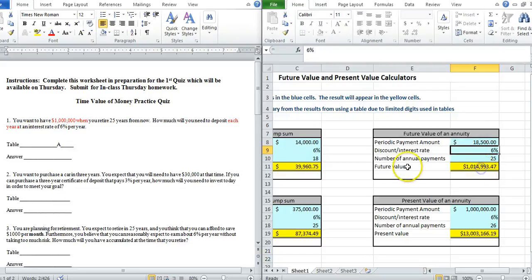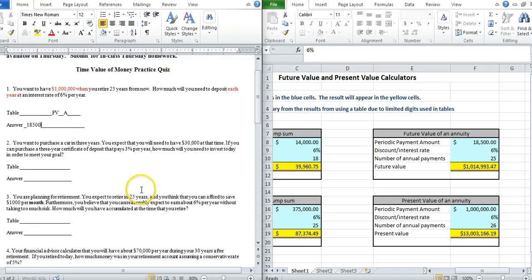I think that's close enough. 1,014,000. So I'm going to say the table over here is future value of annuity and the amount is about 18,500.